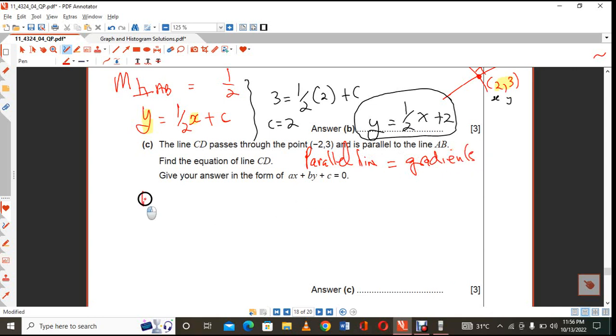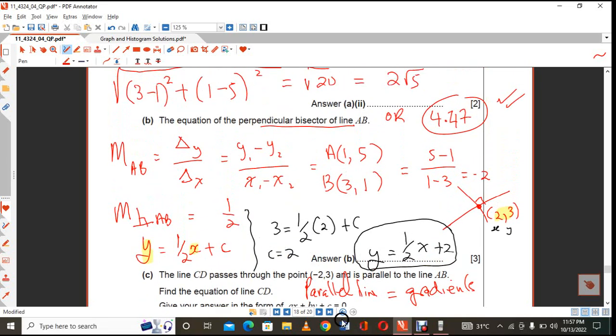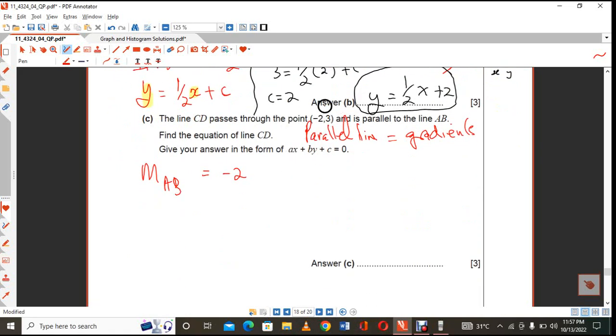We determined the gradient of line AB was -2 from our work before. Is it clear? So the gradient of line CD is also -2.